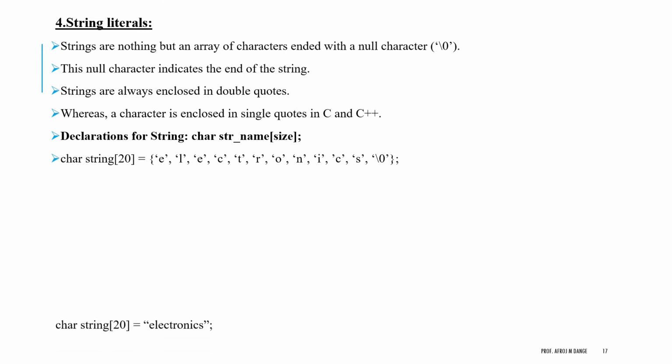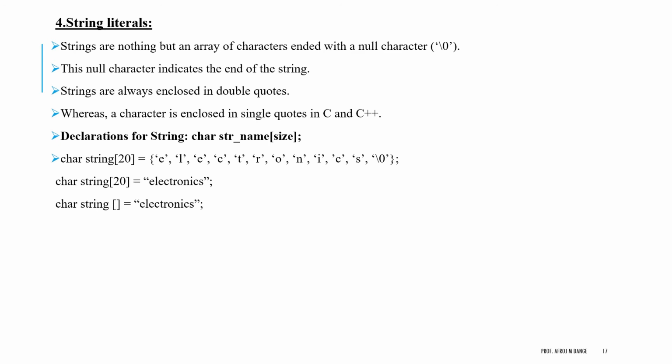Initializing a string. A string can be initialized in different ways. We will explain with an example: to declare a string with the name str and initialize it with "electronics". The first example is char str[20] = {'e','l','e',...,'\0'}; we have to put each and every character and terminate it with \0, then close the curly braces and semicolon.